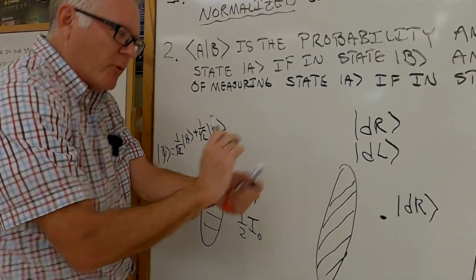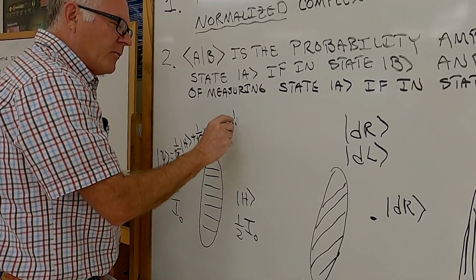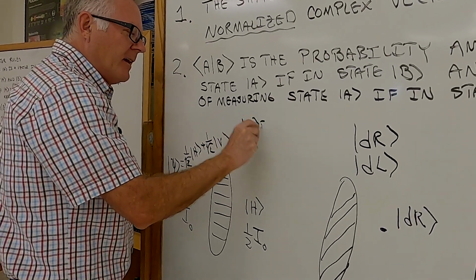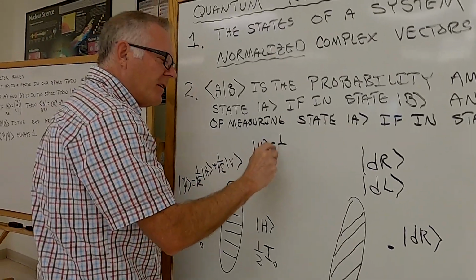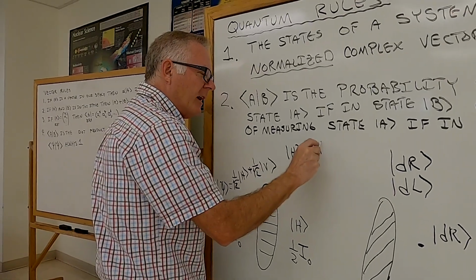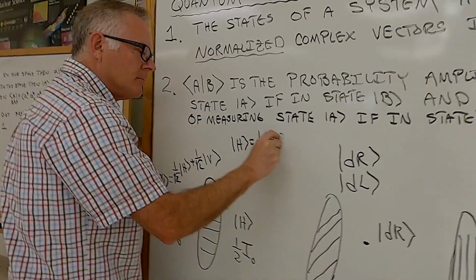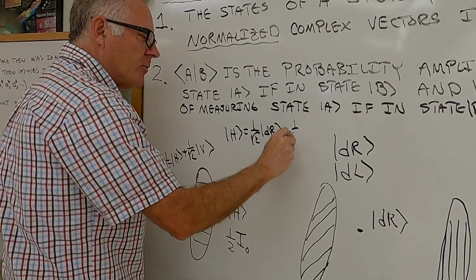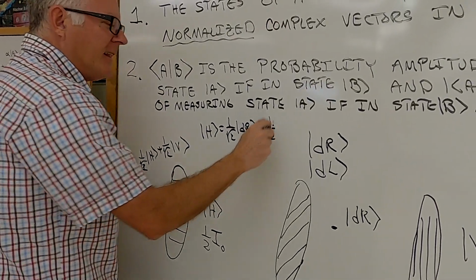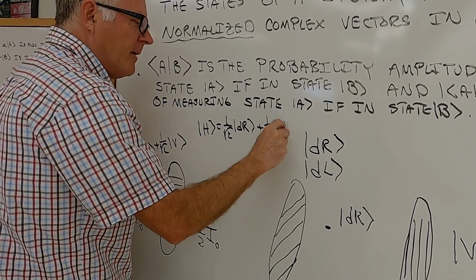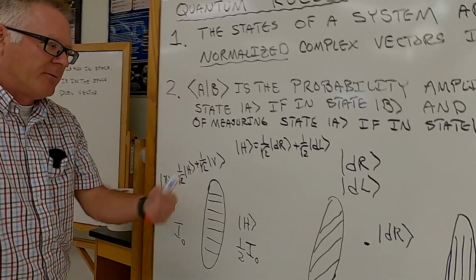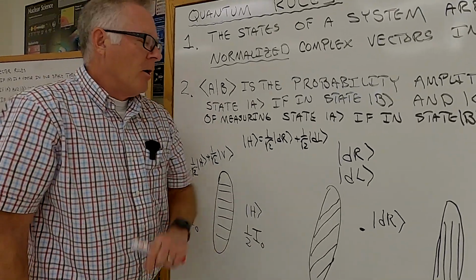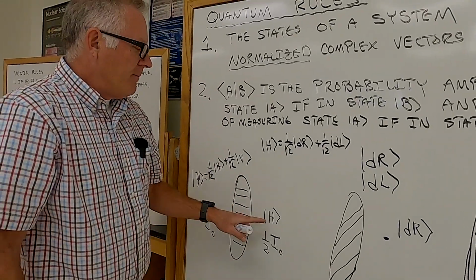So I can write H as 1 over the square root of 2 diagonal right plus 1 over the square root of 2 diagonal left. There's just as much since I'm at 45. If I was at a different angle, it would be different. Okay, so that's what my H is.